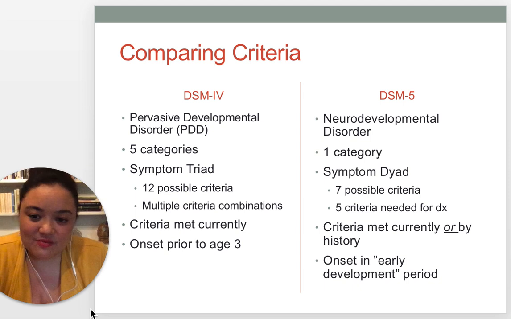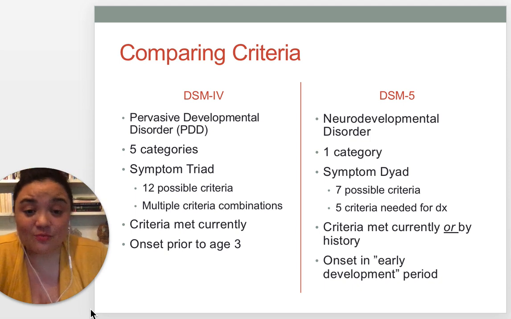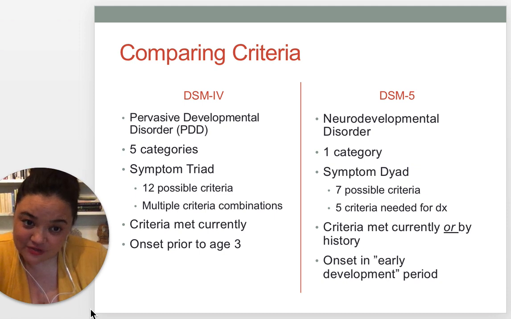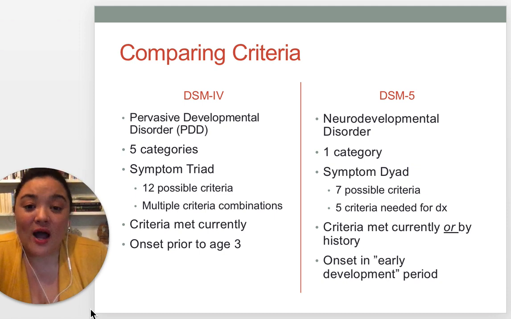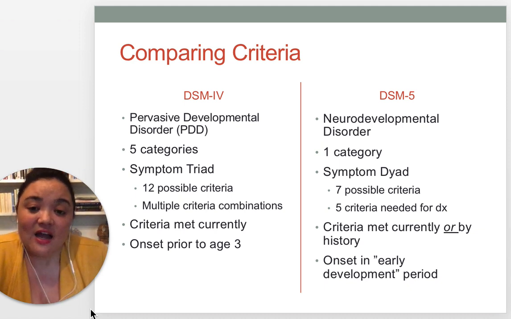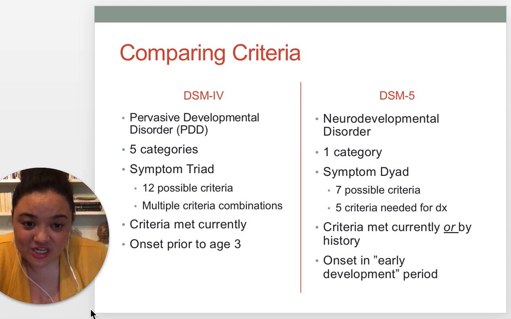So let's talk about some of the changes that were made between the previous version, which was DSM-4, and the current version that we're using, DSM-5. Under the DSM-4, autism fell under the general umbrella category of pervasive developmental disorders. Under DSM-5, the umbrella category is neurodevelopmental disorders. So in the DSM-5, they recognize that autism does originate as a neurological disorder.